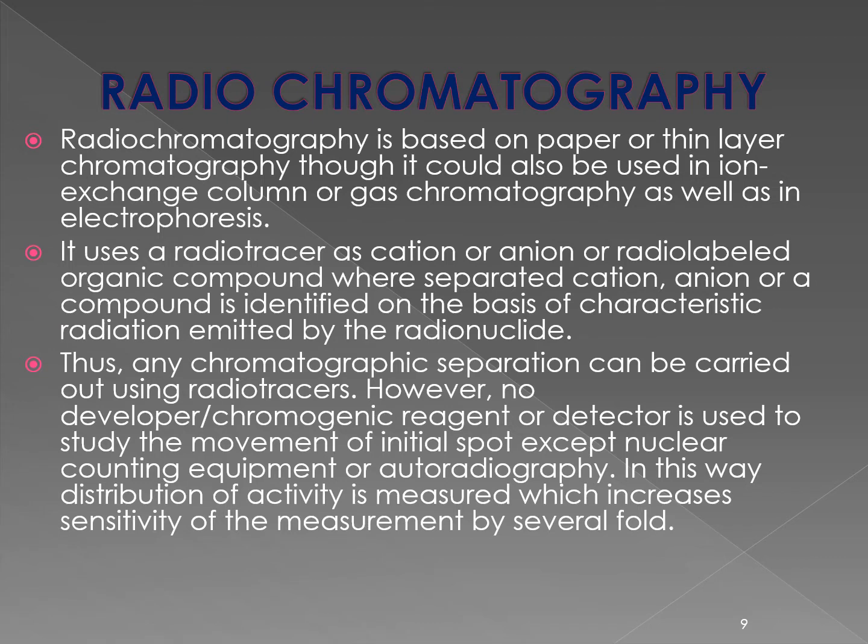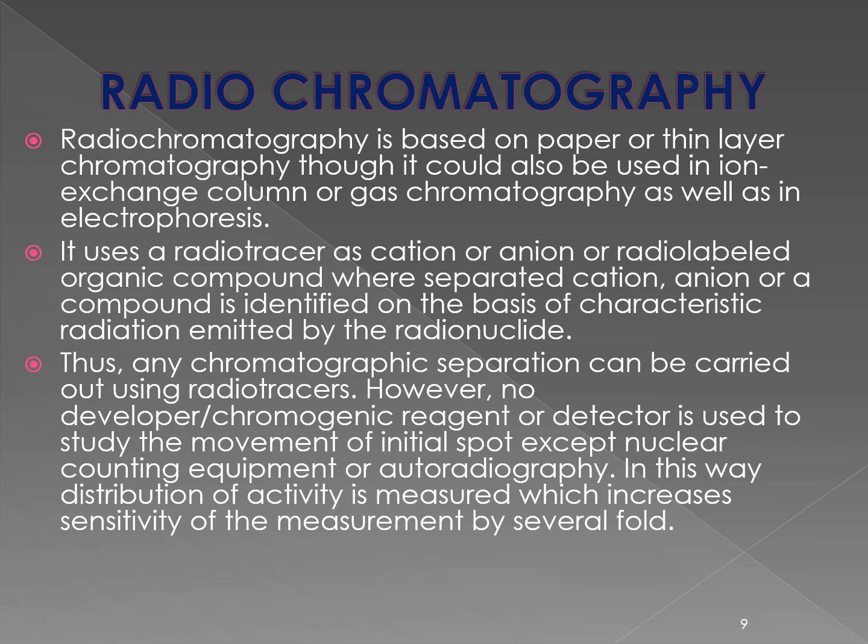We have different types of chromatographies like paper chromatography, thin layer chromatography, gas chromatography, liquid chromatography, ion exchange chromatography, and electrophoresis. So the radiochromatography is based on paper or thin layer chromatography, though it could also be used in ion exchange column or gas chromatography as well as in electrophoresis.